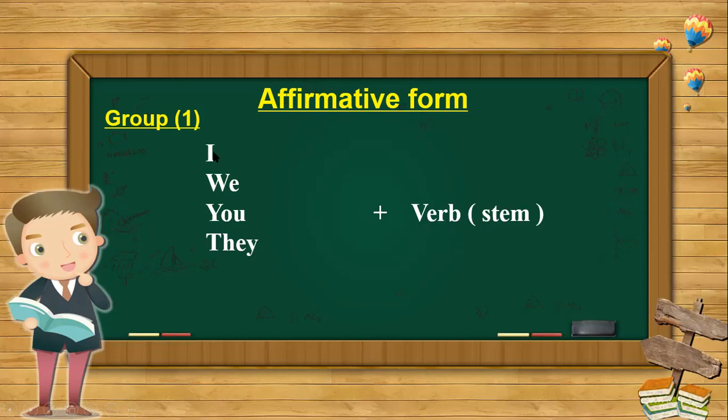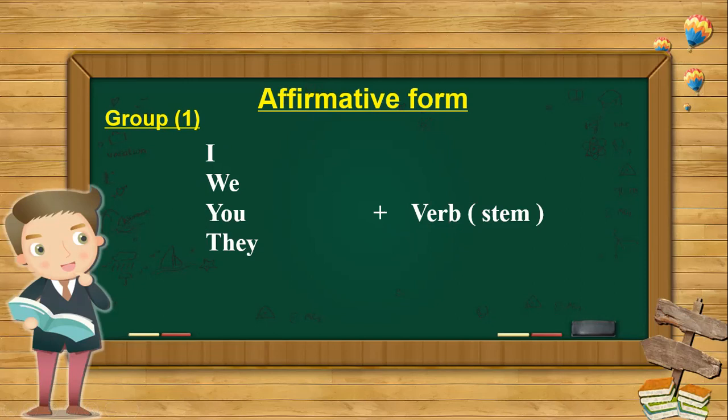Okay? So I, we, you, they. What comes after them? The verb stem, the verb without any addition. Like when I say, I play football. I just put play without any addition.